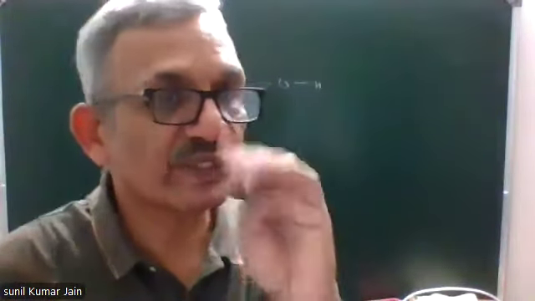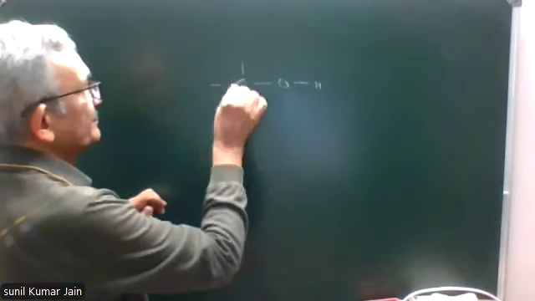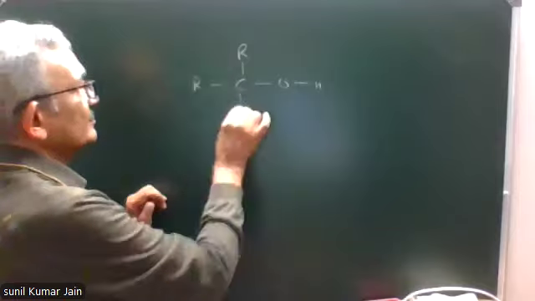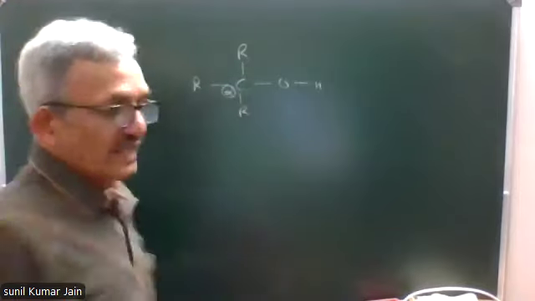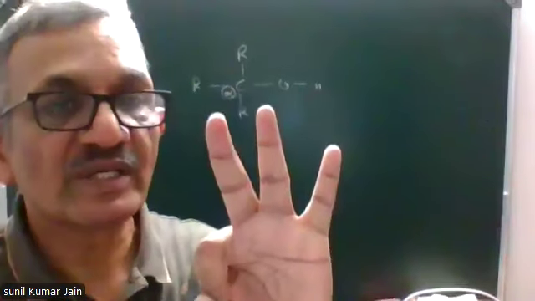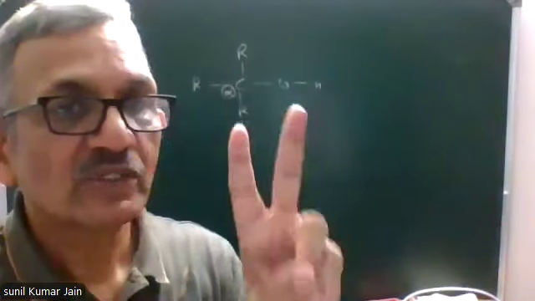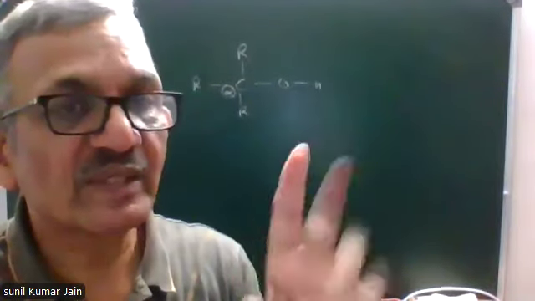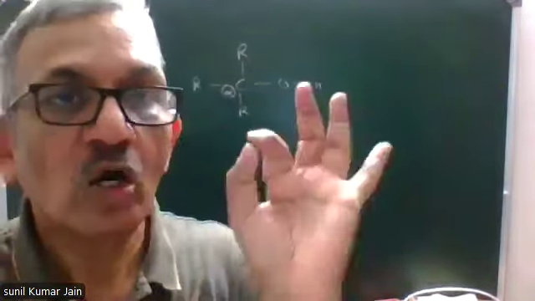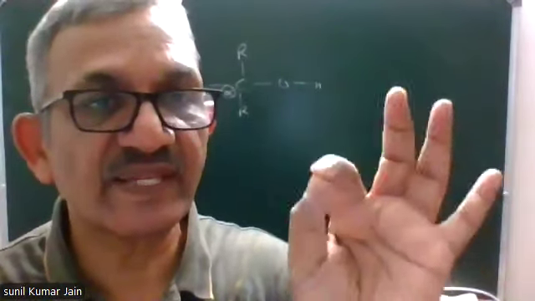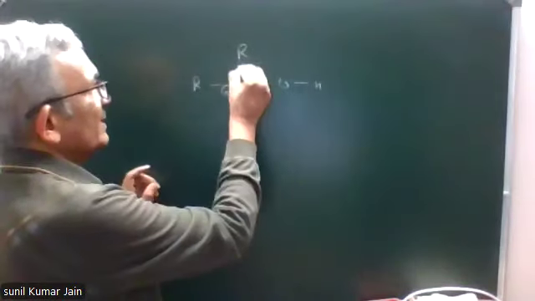Now, listen very carefully. If the alpha carbon atom is attached to 3 alkyl chains, it is a tertiary alcohol, 2 alkyl chains, secondary alcohol, 1 alkyl chain, primary alcohol. All alkyl groups have an electron releasing inductive effect, that is plus I effect.